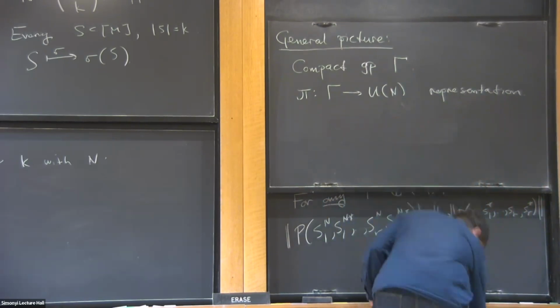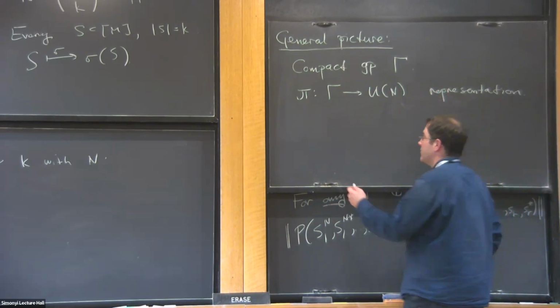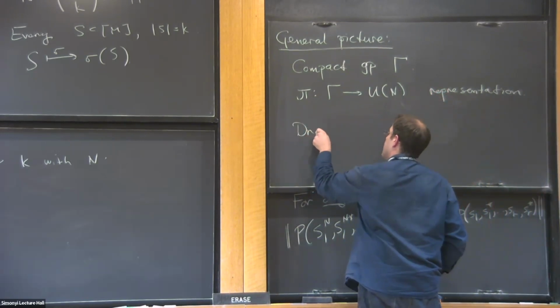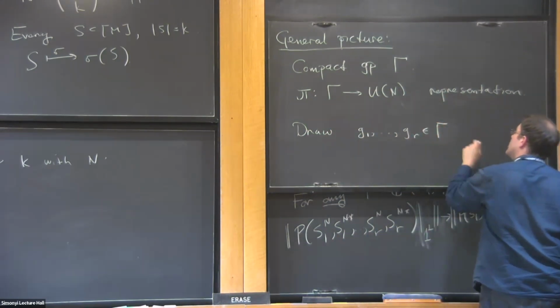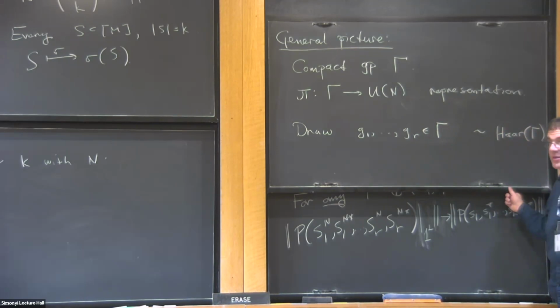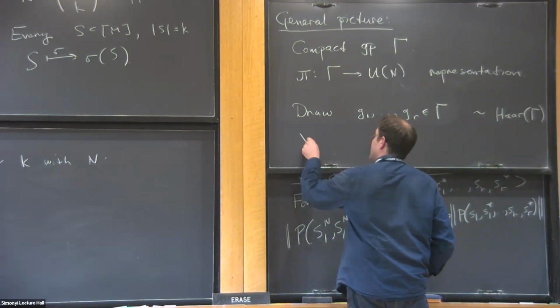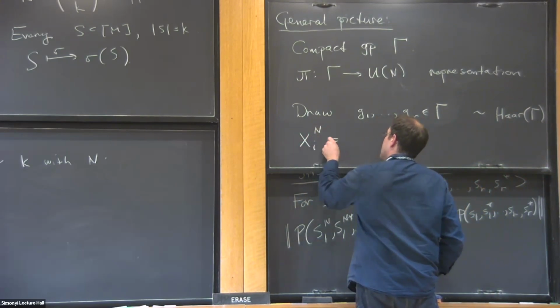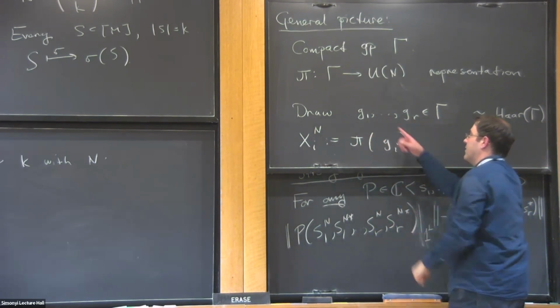Once you take a compact group and a representation, you can form random matrices as follows. Draw, say, g1 to gR in the group according to the Haar measure. It's a compact group, so it has a Haar measure normalized to be a probability measure. You just draw R uniformly random generators, and then define your random matrices Xi to just be the representation phi of the ith random element.